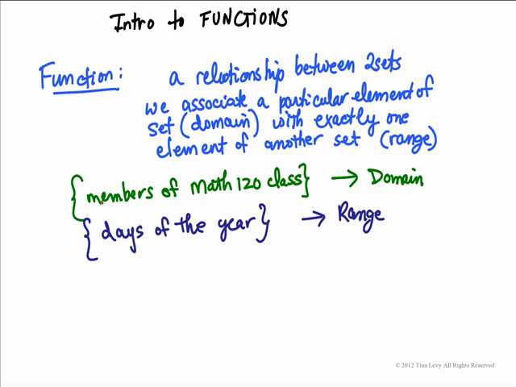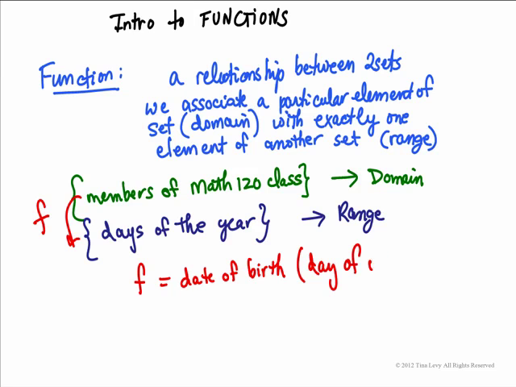My function is I would associate with each member of the class the day of the year you were born. So my function f is your date of your birth. So it's really the day of the year, not the year. That is my function, and I call my function f.